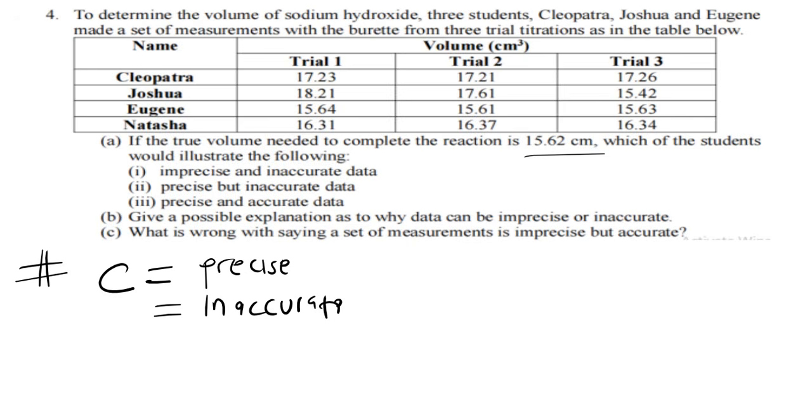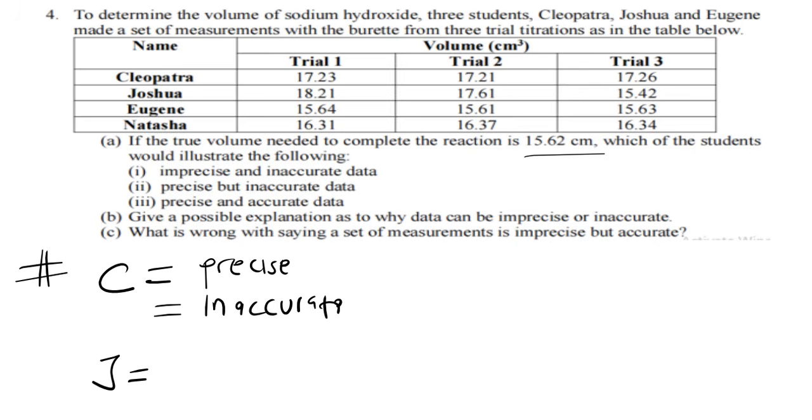Then we come to Joshua. Joshua is around 18.21, 17.61, 15.42. Those are the volumes that Joshua collected. Now you look at the spread, how close the values are to each other. You're able to see that these ones are very wide apart.